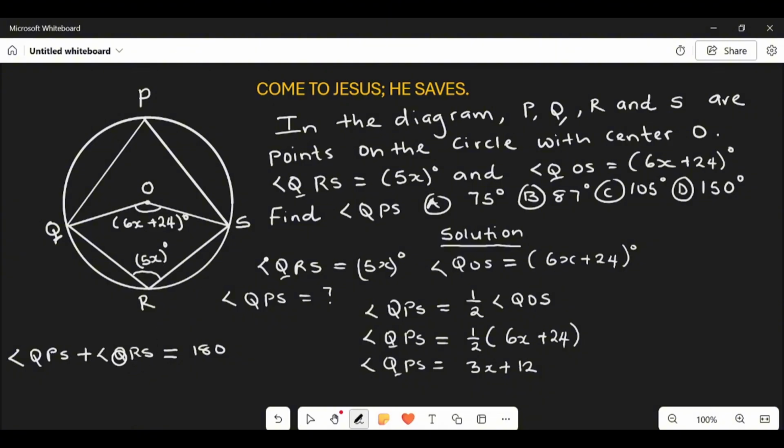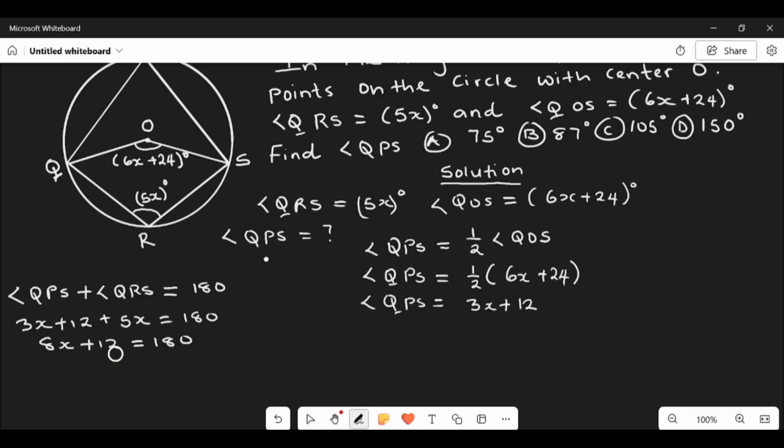So let us substitute them into this equation. 3x plus 12 plus 5x equal to 180. 3x plus 5x will give us 8x. 8x plus 12 equal to 180. Let us transpose 12 to the right hand side, and the positive sign will change to negative.